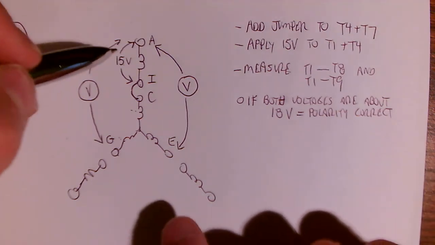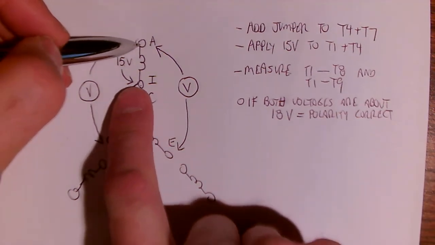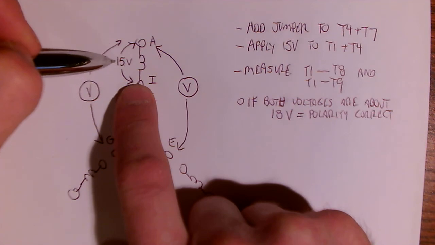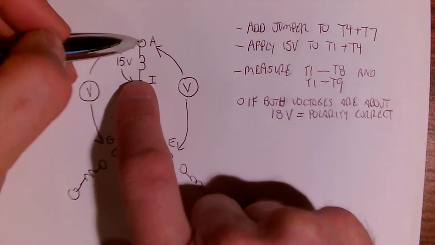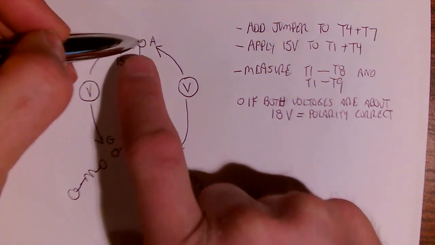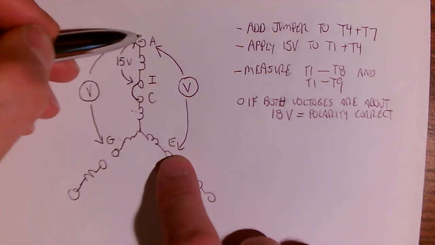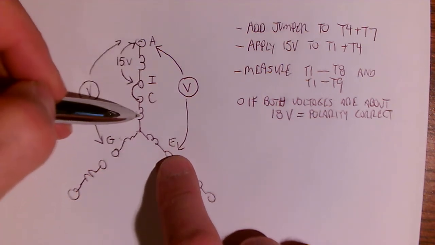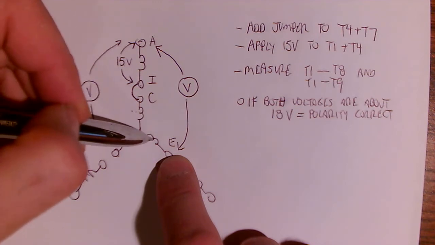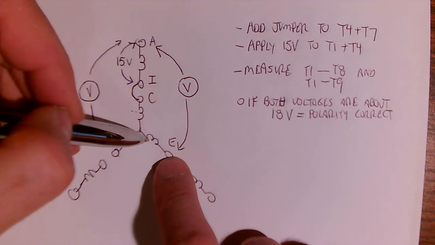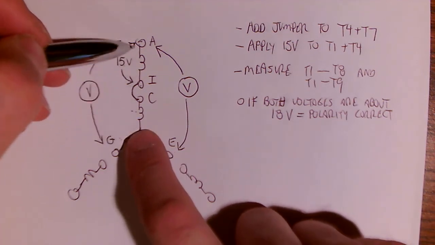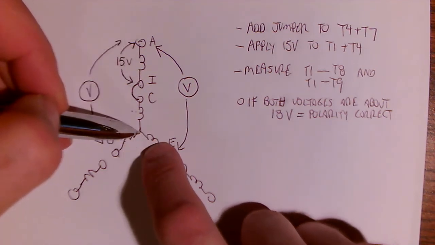So let's just go over that process one more time here. I'm applying 15 volts across A and I, and then I'm measuring A to E in this case. So I'm measuring all 3 of these windings, and if the polarity is correct, these are going to add, these will subtract, but they won't subtract quite to the degree. So if we could measure in here, we'd get almost 30 volts, but then we minus that.